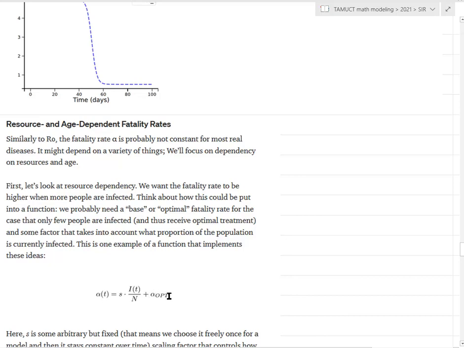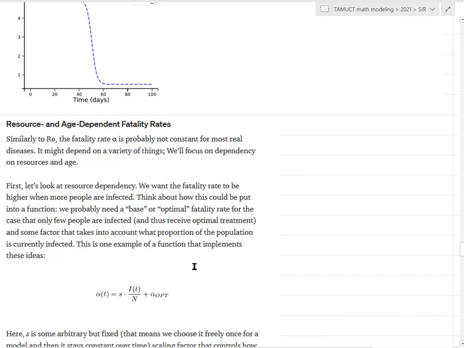Of course, even if there are no other infectious people, some people are going to die. But as I said, if you get overcrowding and other factors, then the fatality rate is going to increase. Now, usually in this case, you wouldn't just have a linear increase. You'd have an increase at an increasing rate. Typically, your ICUs are okay until they get overloaded, and then your fatality rate goes up very suddenly.